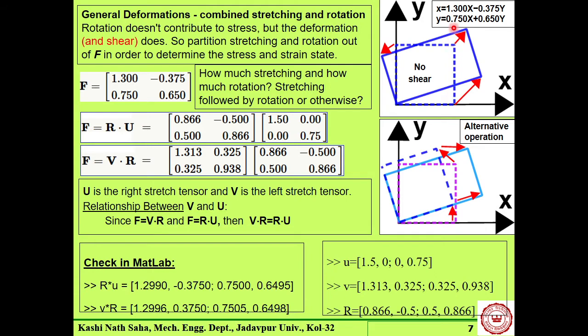And in general, the deformation of any point is given by this matrix representation. So if you take a derivative of this, you will get this gradient matrix, right? Is it clear? 1.3 minus 0.375. Yes. This is what we will get.